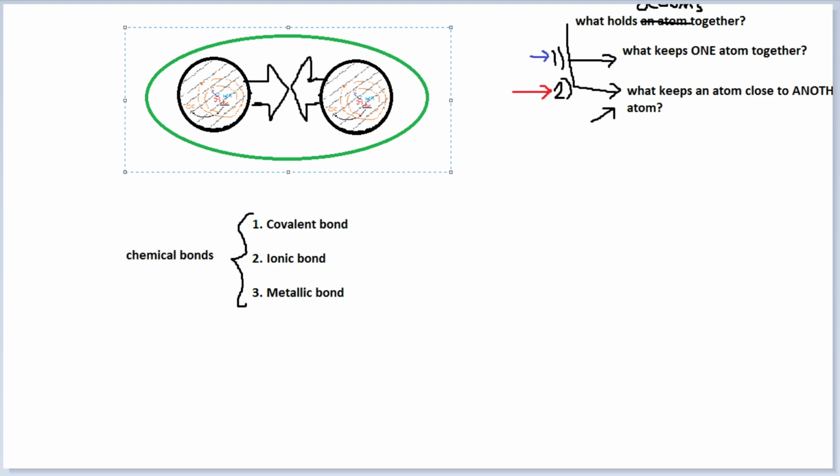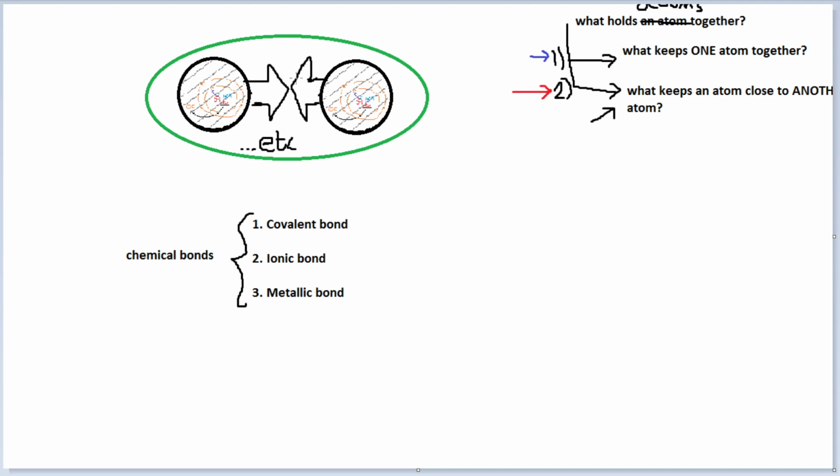Just keep in mind, perhaps I will put in black here. I'll write etc. the same way I wrote etc. before. That etc. is there because you are allowed to have more than 2 atoms. When you think about atoms being held together, you are only allowed to think about 2 atoms at a time.